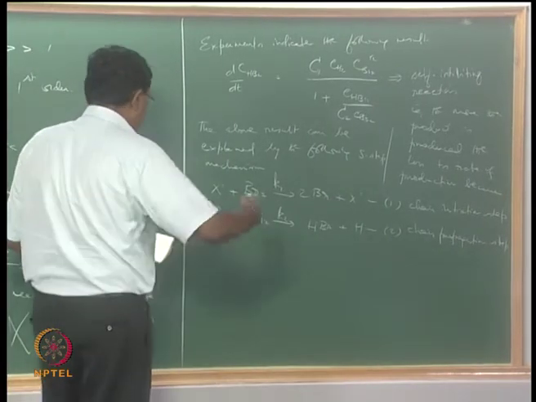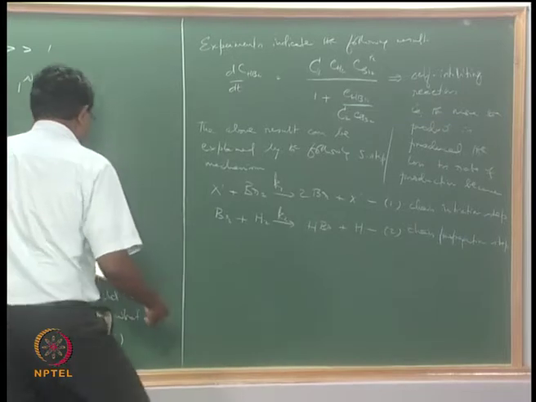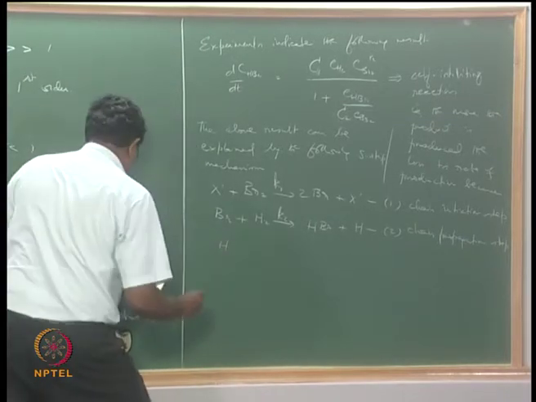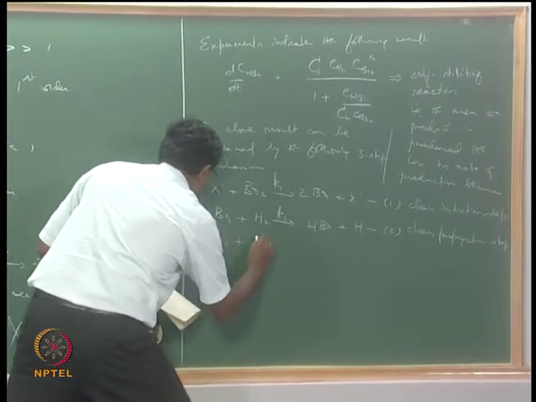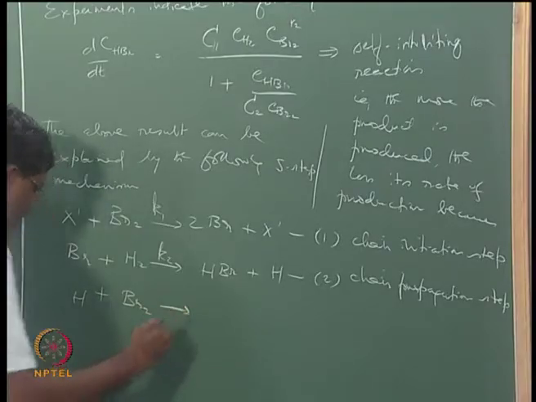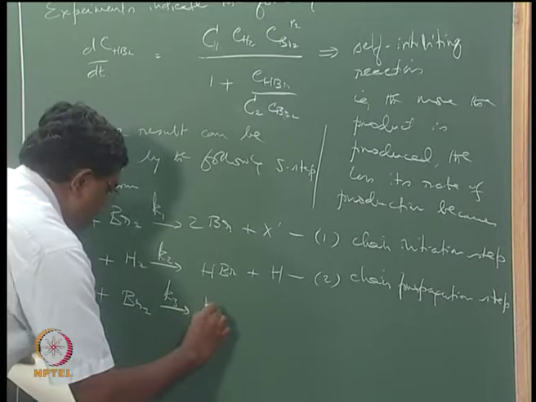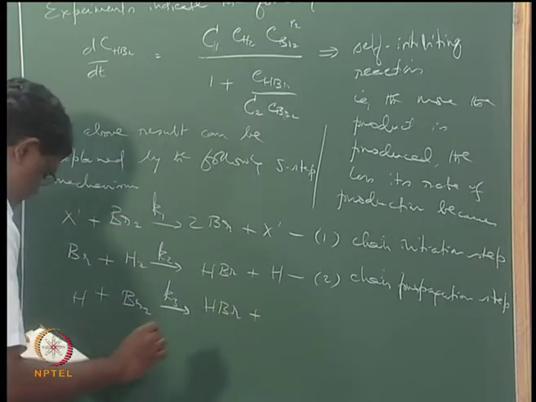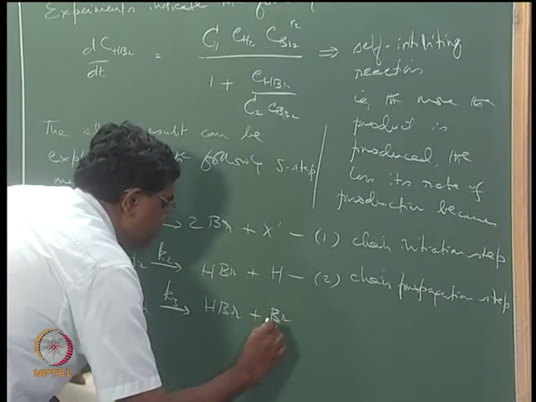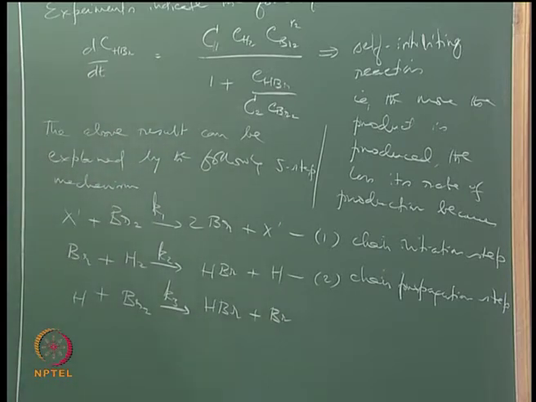So it is just propagating the chain, and let us say we have a third reaction where H is reacting with Br2 to give you HBr plus Br. This is the Br counterpart of H in the previous reaction.